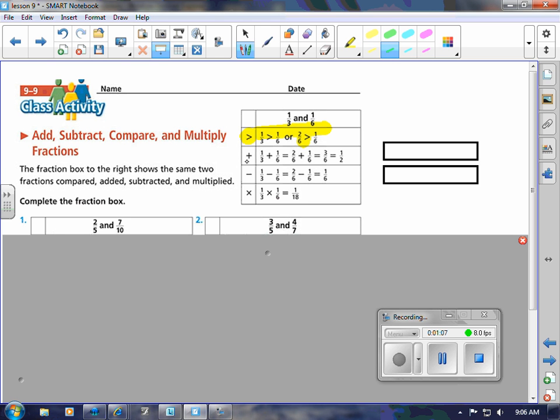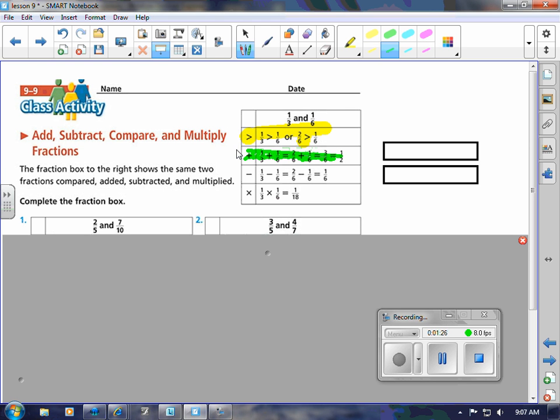Versus when we're adding and subtracting, which is this green highlighted section here, you still need to find that common denominator. Think about how when you find that common denominator, you are then allowed to add and subtract.